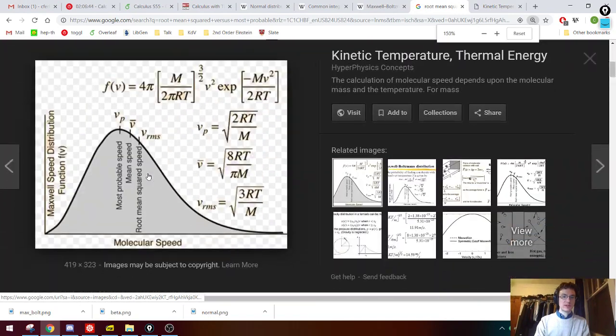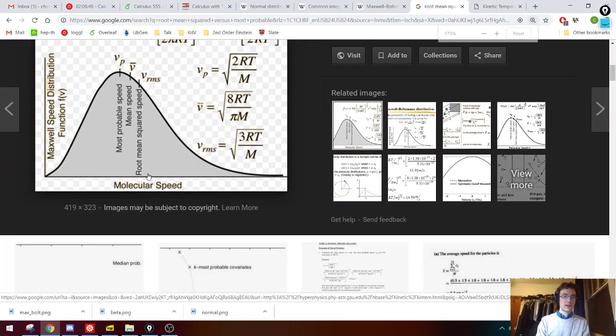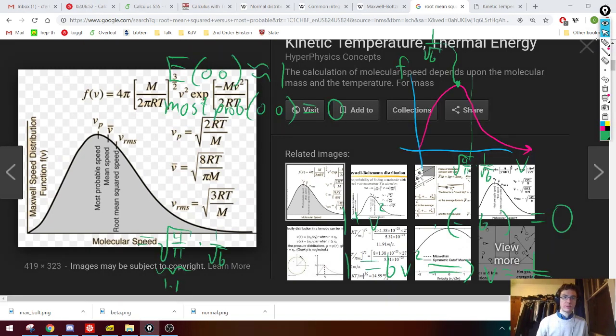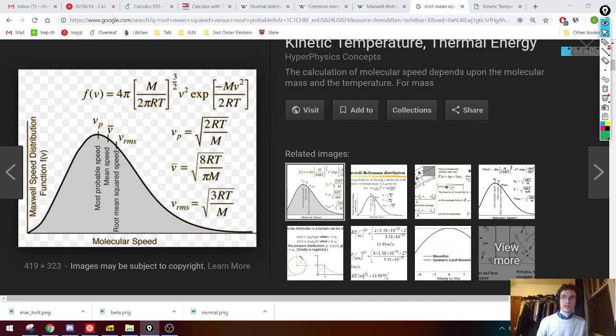Here's a picture I should have included with Maxwell-Boltzmann. Here it is again, and they are labeling 3 different measures of central tendency. As we just found, the most probable speed, which is the peak of this hump, is smaller than the mean speed, which we got from doing the integral, which itself is smaller than something called the RMS speed, or root mean square.